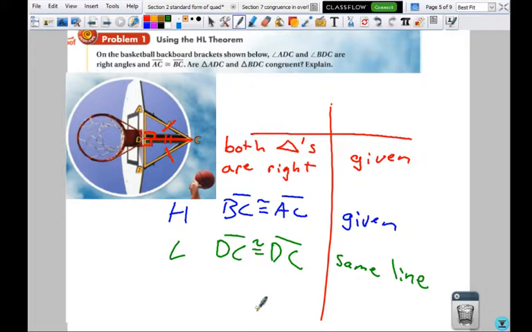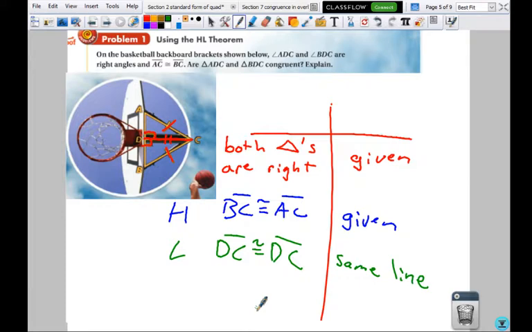Okay, where is your hypotenuse? What's the longest side? Let's look at this one. Which of these three sides is the longest? Is it congruent to the side that belongs over here? Okay, so let's write H right there.